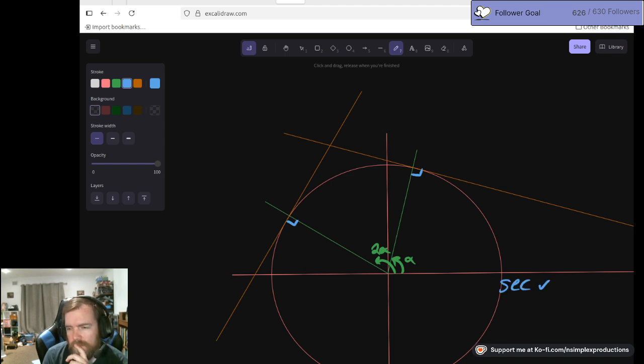This is the secant of alpha here. This is the tangent of alpha here. And we've got smaller versions of the same. This is our cosine alpha. This is our sine alpha.